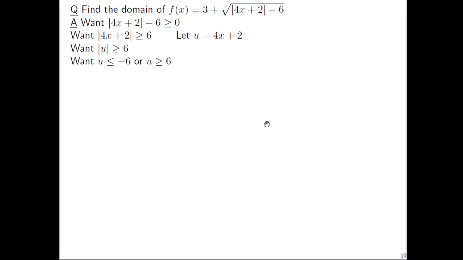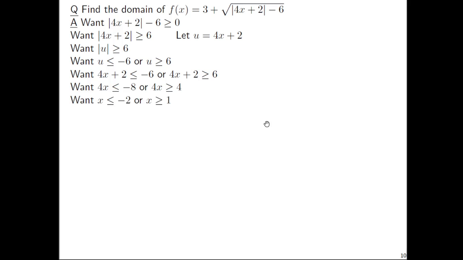Now that both of these inequalities have u by themselves, we can substitute 4x plus 2 in place of the u. So 4x plus 2 is less than or equal to negative 6, or 4x plus 2 is greater than or equal to 6. Subtract 2 on both sides of both inequalities, divide by 4 on both sides of both inequalities, and we have that we want x to be less than or equal to negative 2, or we want x to be greater than or equal to 1.